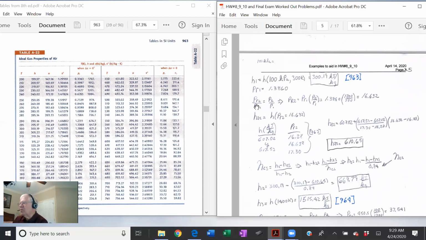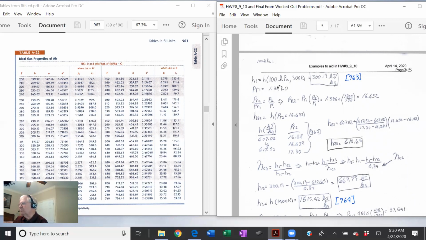We form, by definition and by design, PR2 from the table over PR1 is equal to actual pressure 2 over pressure 1. We know pressure 2 is 12 bar and pressure 1 is 1 bar. So we can calculate PR2. We just solved this little ratiometric equation.